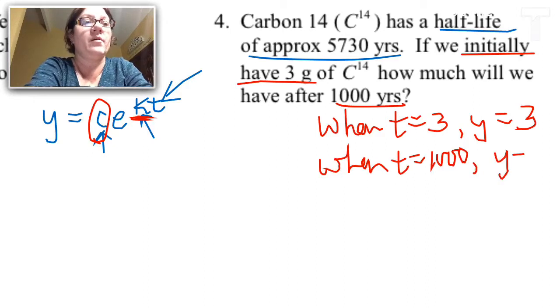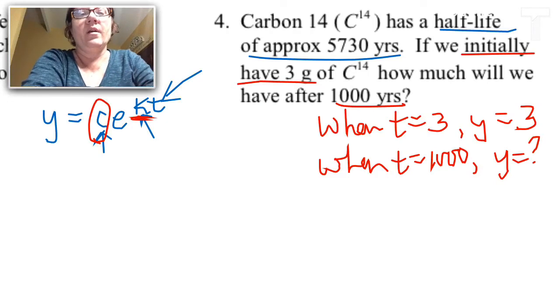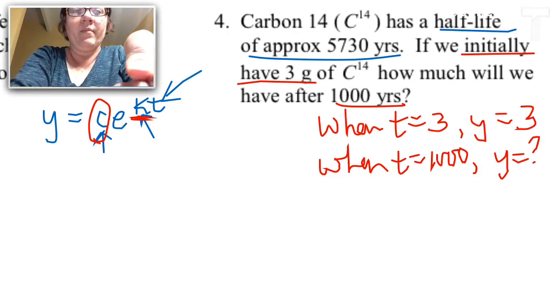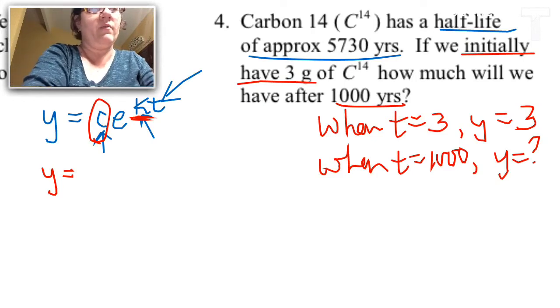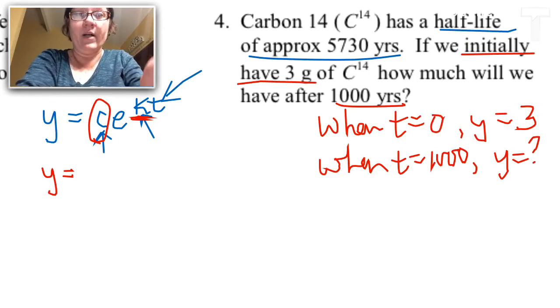y would be what? So when I have my original formula, of course, I can plug in, oh, whoops, I don't know why I put a 3 over here when time equals 0. Where did that come from? Talking and trying to write at the same time.